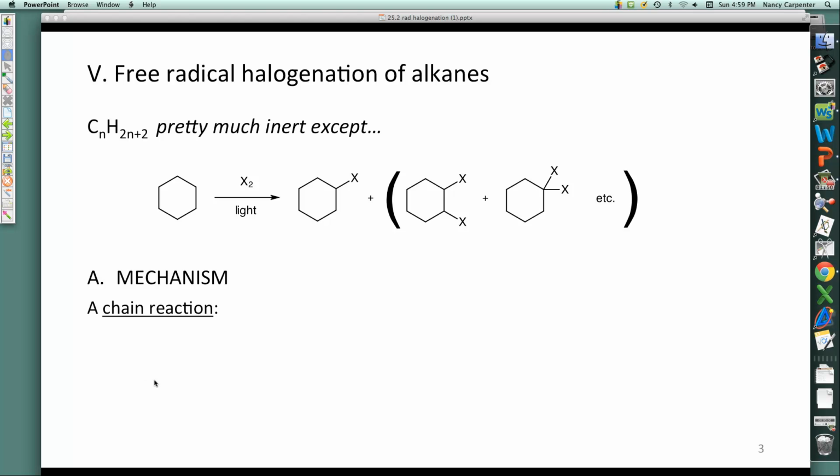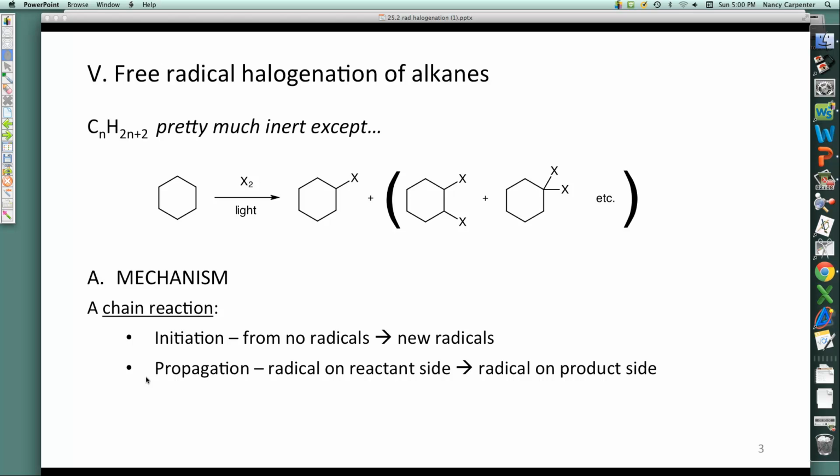Mechanistically, it's a chain reaction, which means a little goes a long way, if you know what I mean. Once you have initiated the reaction by forming some radicals where once there were none, you're off and running. So the initiation step gets you started, and then those radicals can do all kinds of things.